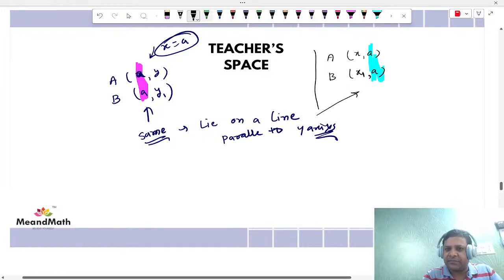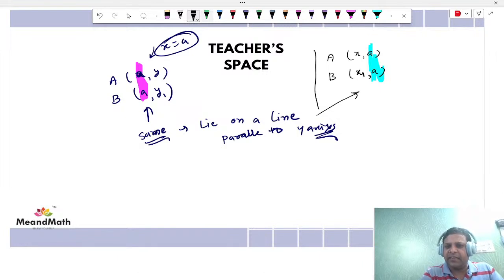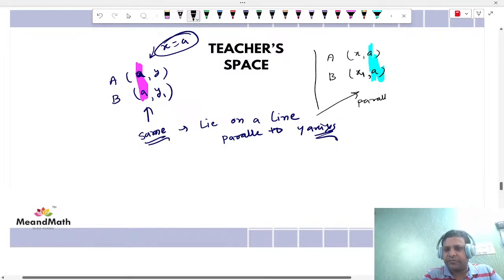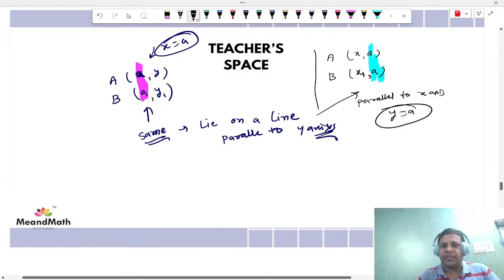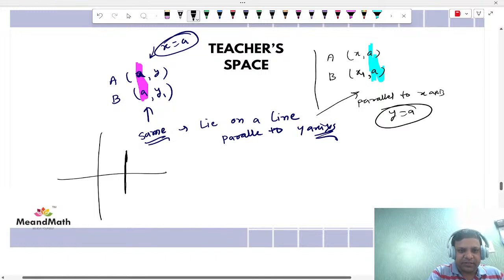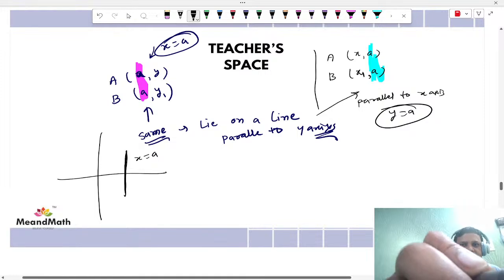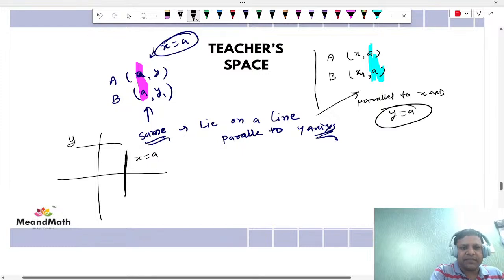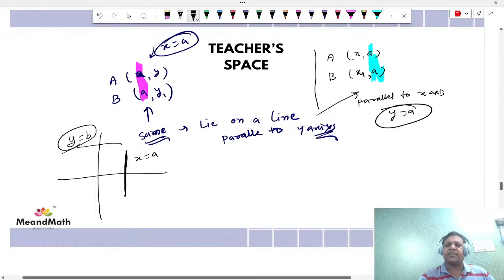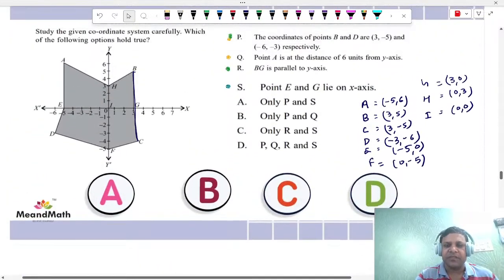So again it's a line, but parallel to the x axis, and the equation is y is equal to b. You have to keep this in mind. The graph will look something like this: this is x is equal to a and this is y is equal to b. We can use this here. So that was our question.